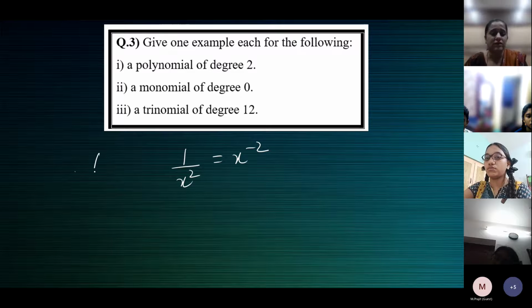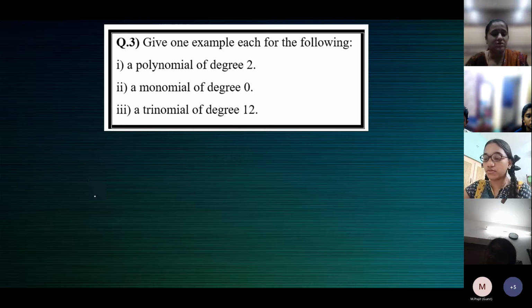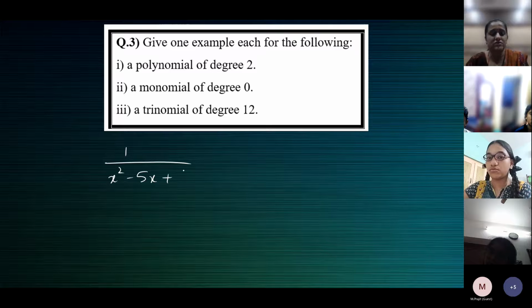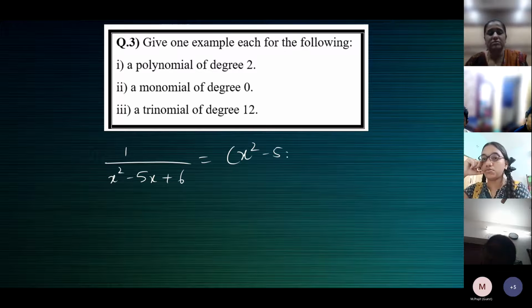Supposing we have 1 by x square minus 5x plus 6. This is not quadratic, because when you bring this up to the numerator, it will be x square minus 5x plus 6, the whole power -1, negative.